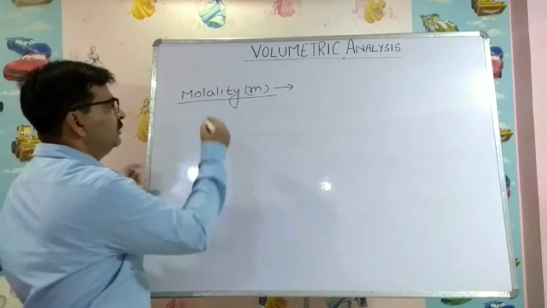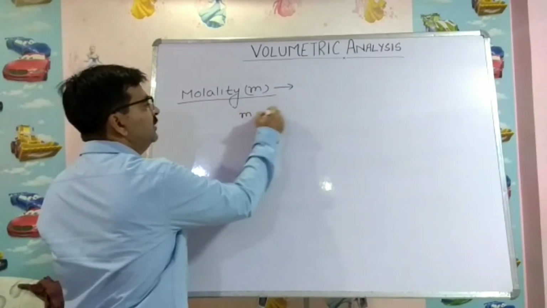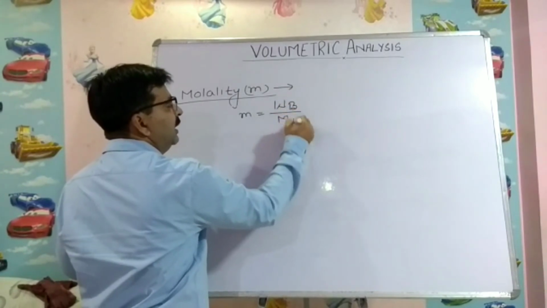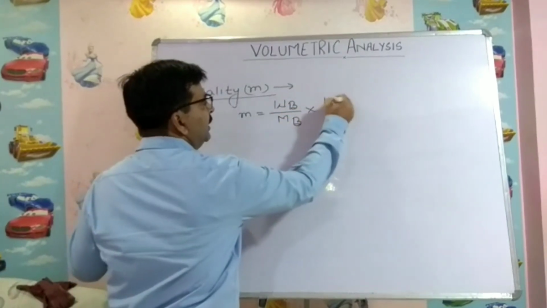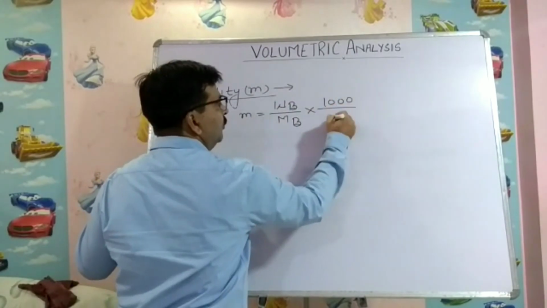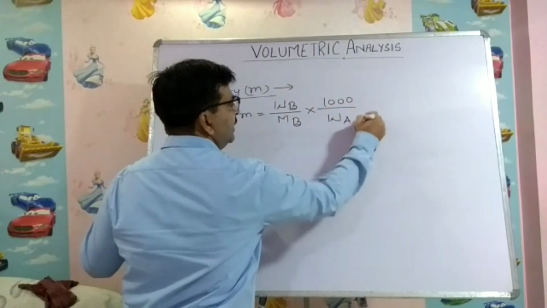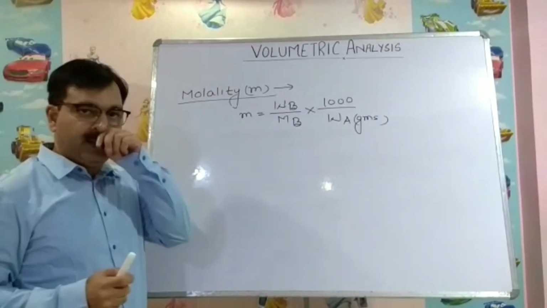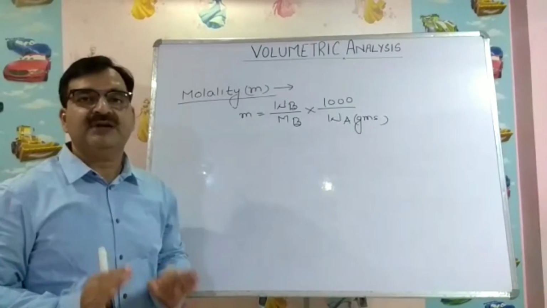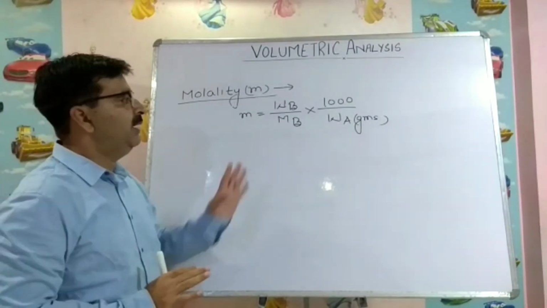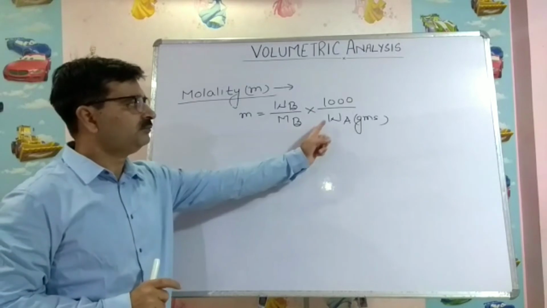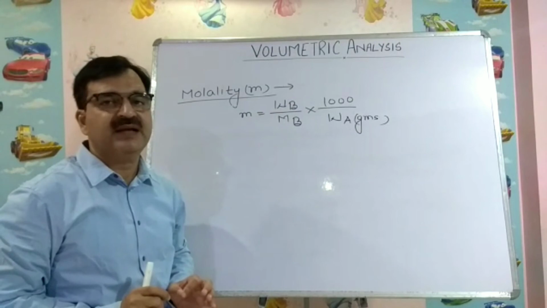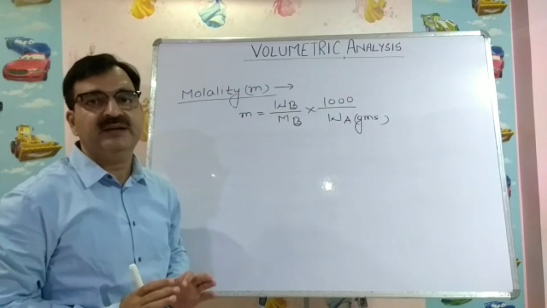Now students, here we have molality of solution, given by WB upon MB into 1000 over WA, where WA is present in grams. WB represents the mass of the solute in grams, MB the molar mass of solute, WA the mass of solvent in grams. It is converted into kg by dividing with 1000 grams.